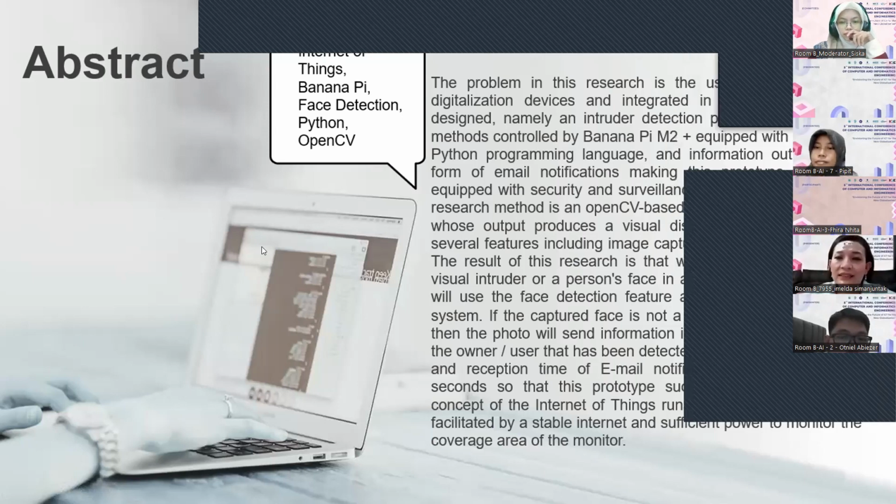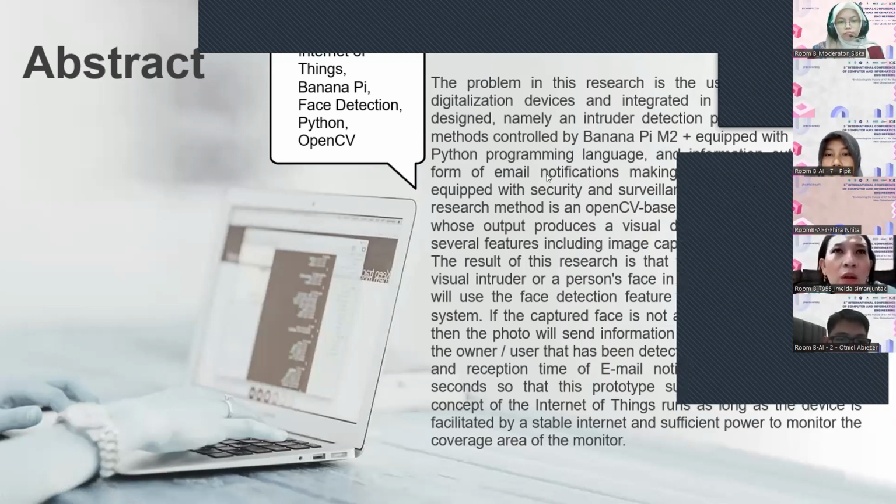Just quickly, the abstract. This prototype is made for a security system using a mini computer from China called Banana Pi M2 Plus.